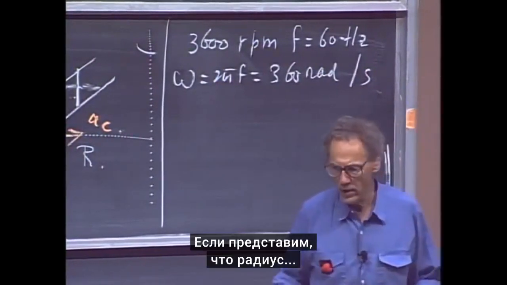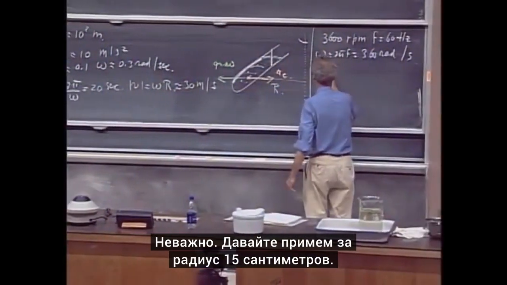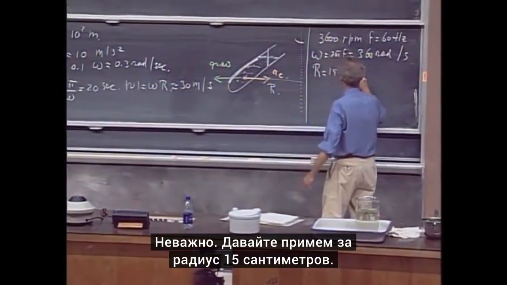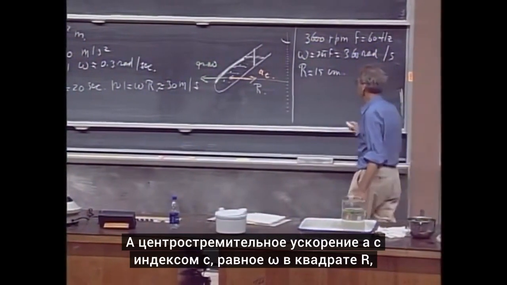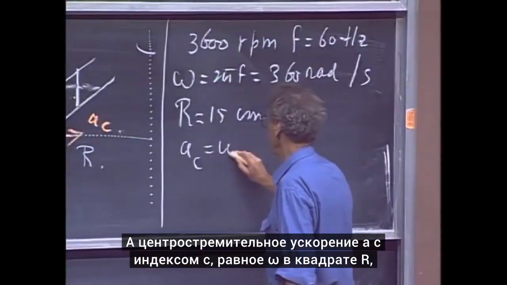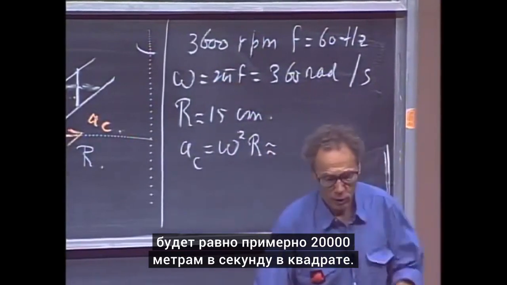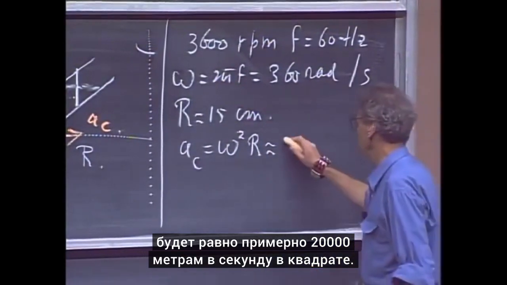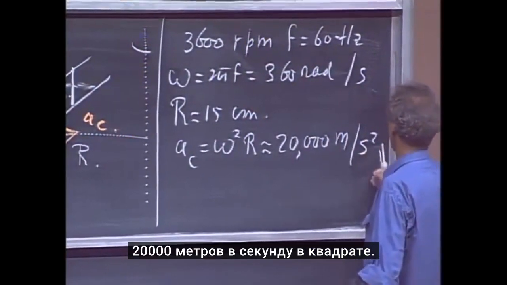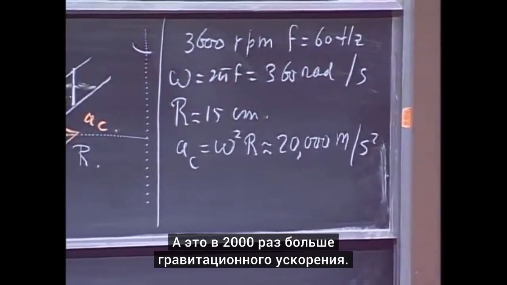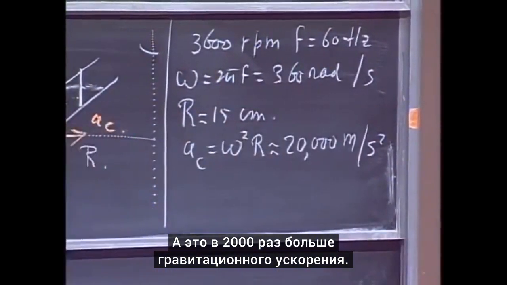If we assume that the radius is maybe 10, 15 centimeters, whatever, let's take a radius of 15 centimeters. And we can calculate now what the centripetal acceleration is. And the centripetal acceleration, a_c, which is omega squared r, is then roughly about 20,000 meters per second squared. 20,000 meters per second squared. And that is 2,000 times the gravitational acceleration.